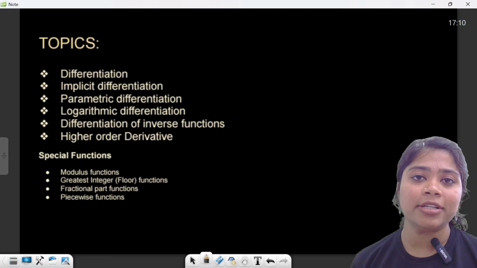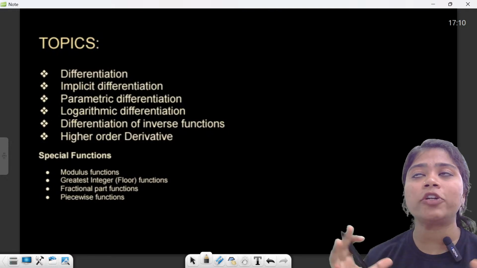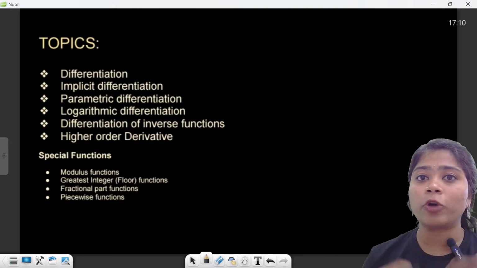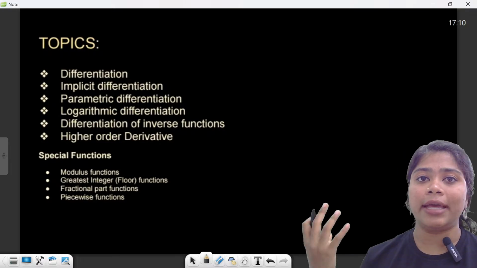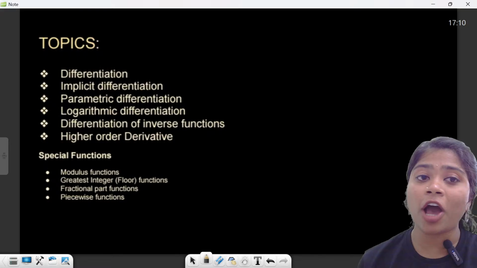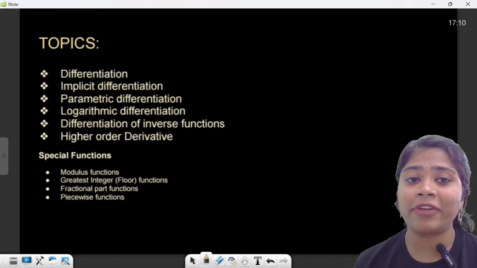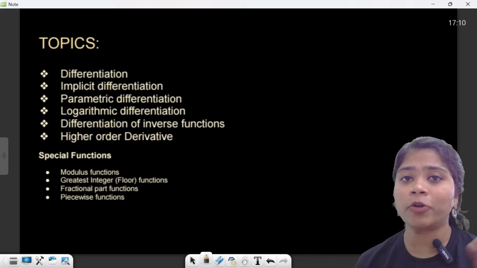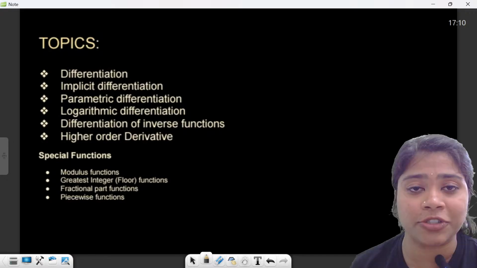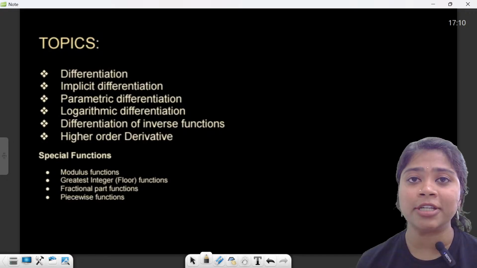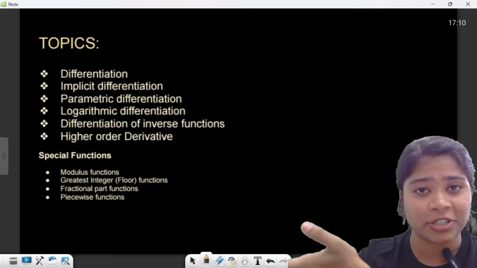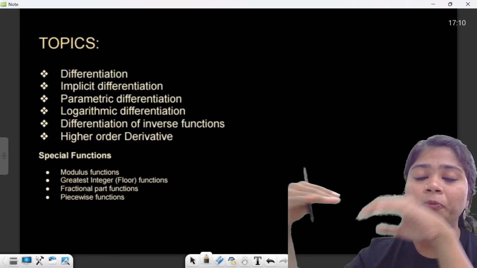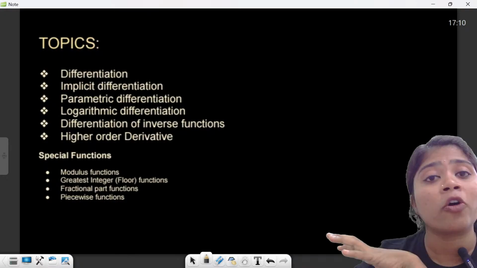Here we are going to mainly focus on the methods of differentiation. If you are given an implicit function, how to differentiate that? When you have a parameter, how to use parametric differentiation, logarithmic differentiation, and how to do differentiation of inverse trigonometric functions. Then we slowly move to solve higher order derivatives.